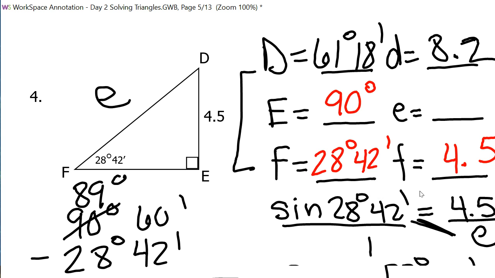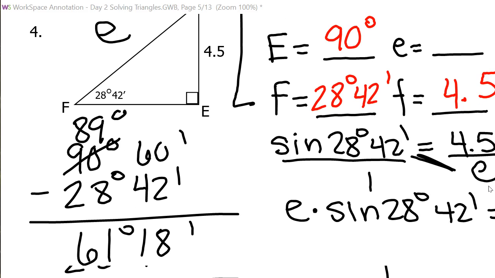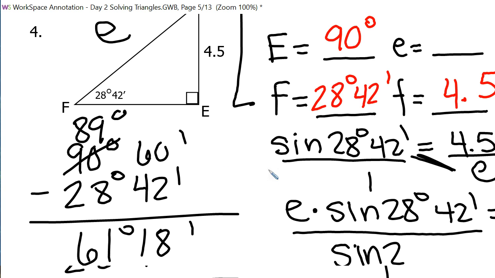And what would be the last step? Divide both sides by the sine of 28 degrees, 42 minutes. And what do we get? We agree with 9.4?